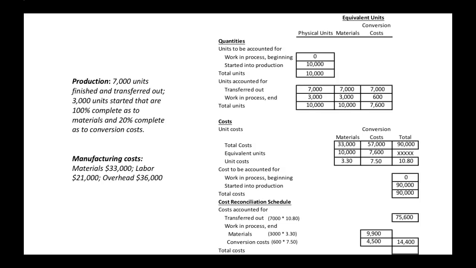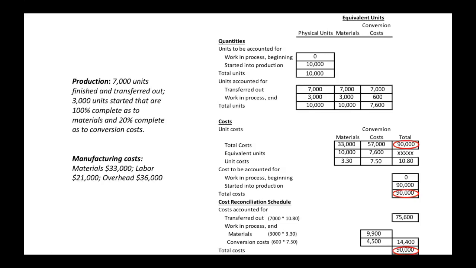We add together our materials and our conversion numbers. So now our total cost, the very bottom line of this production cost report. We're going to take our transferred out and add in our ending work in process. So 75,600 plus 14,400 gets you $90,000.